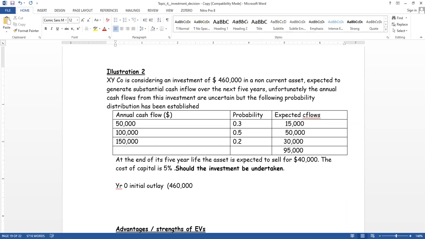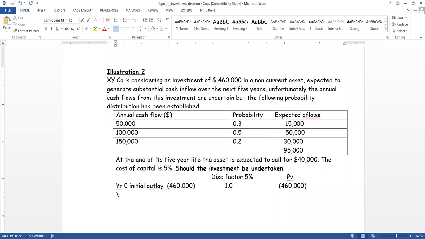And you're going to discount this at 5%. So discount factor at 5%. Of course, for year 0, it is 1. So the PV here is 460.